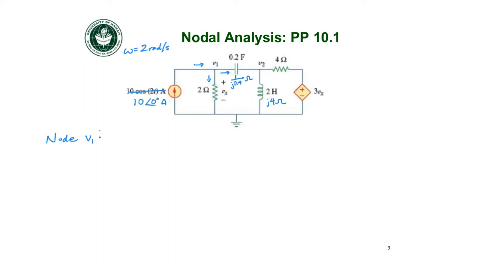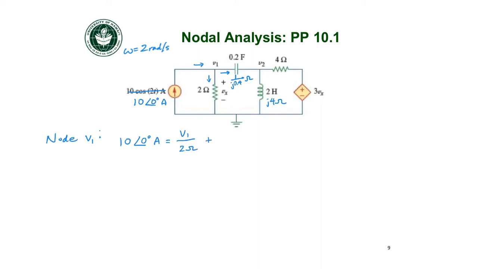Okay, so the current entering node V1 is the phasor form of that current source. The current going through the 2 ohm resistor is going to be V1 minus 0, because the other side of the resistor is ground, over 2 ohms.